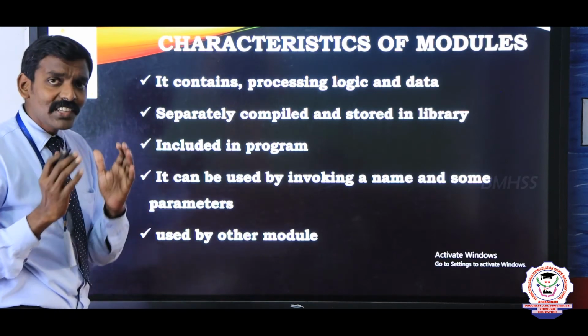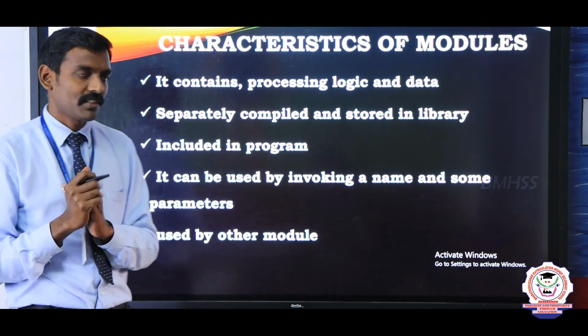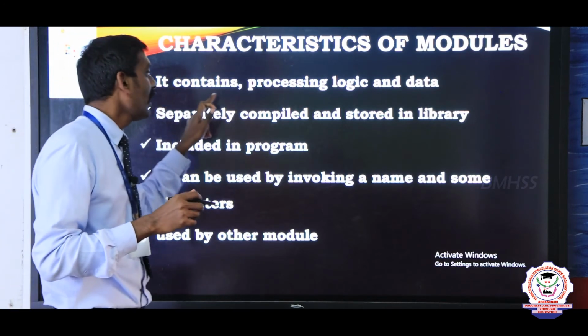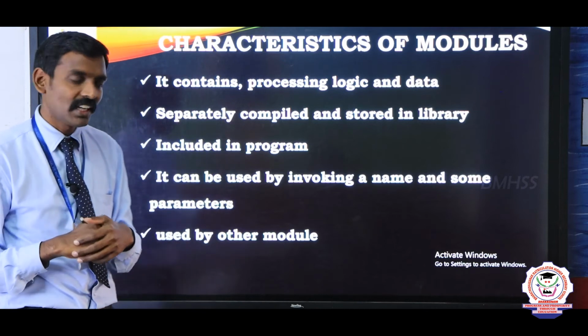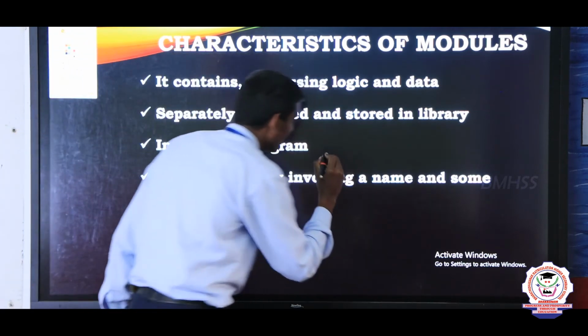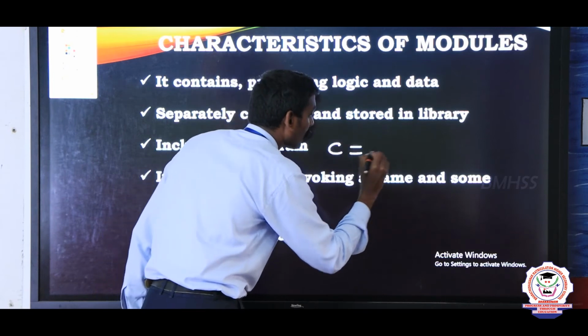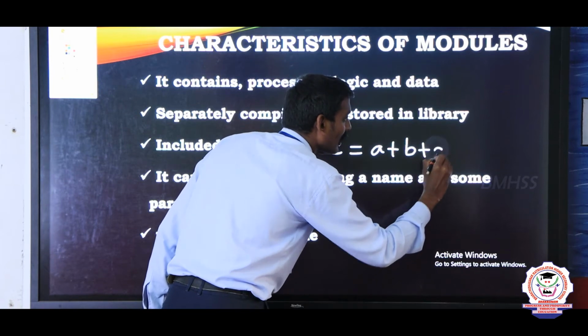Here, each and every module has some special characteristics. What are those special characteristics? Very simple. It contains processing logic and data. What is the meaning of processing logic and data? Let us consider an example. Here c equal to a plus b plus d.